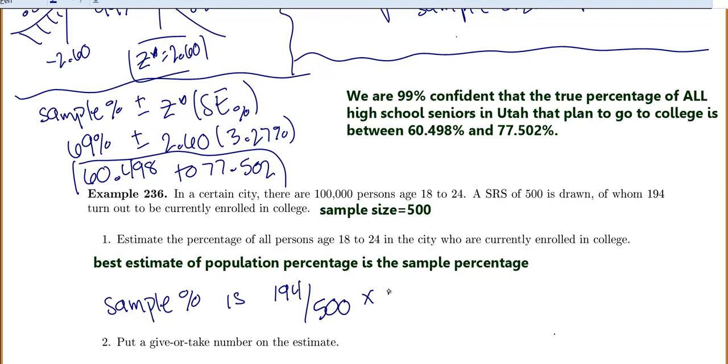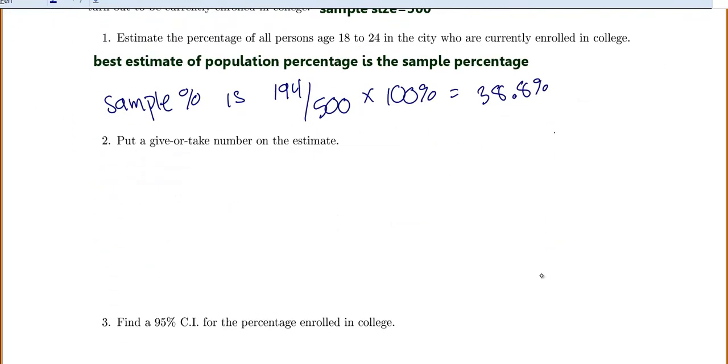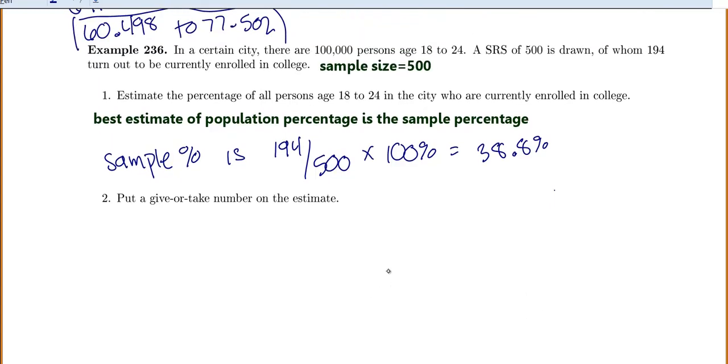Don't forget to times it by 100% to change it into a percentage. So 194 divided by 500 times 100% gives me 38.8%.